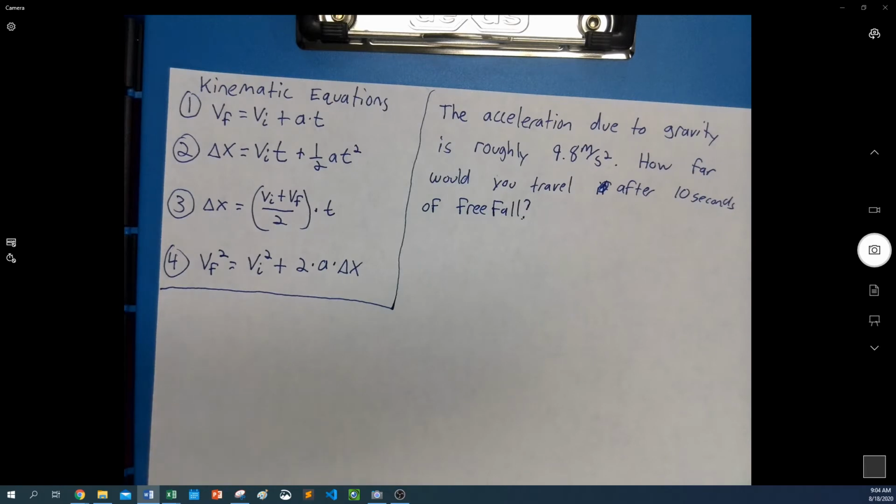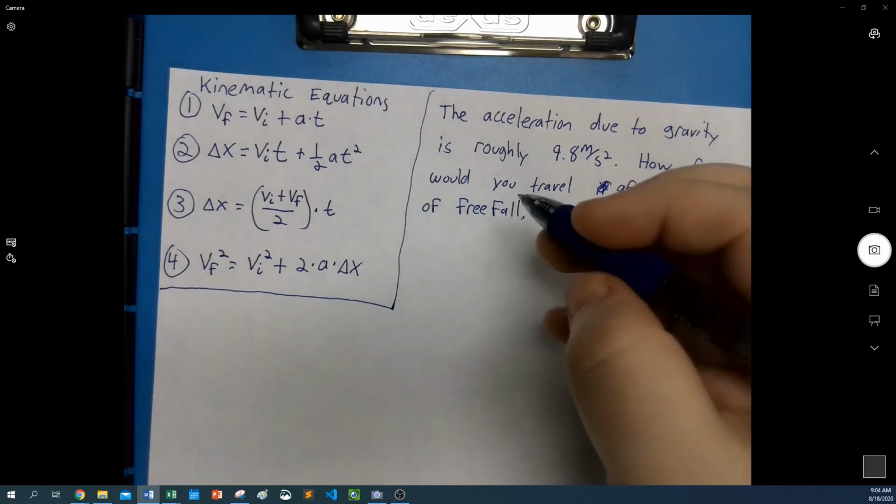So if your acceleration is 9.8, so if you go jump out of a plane, what distance would you travel if your only acceleration was 9.8 meters per second squared? 9 meters? No.